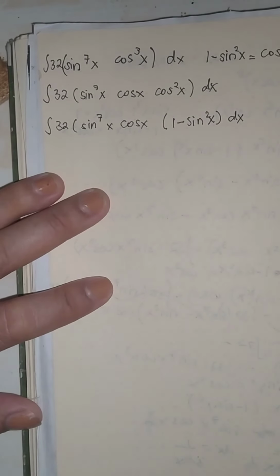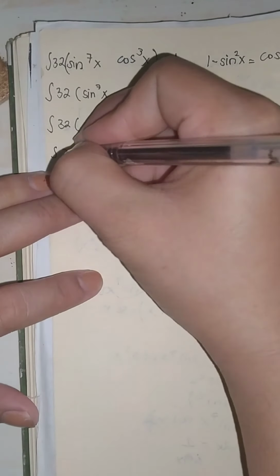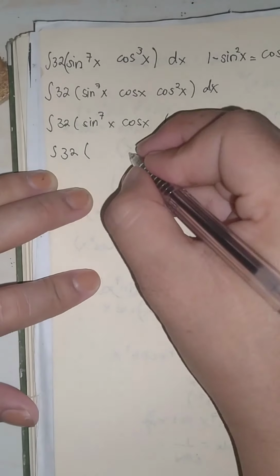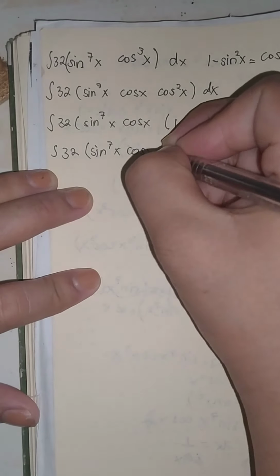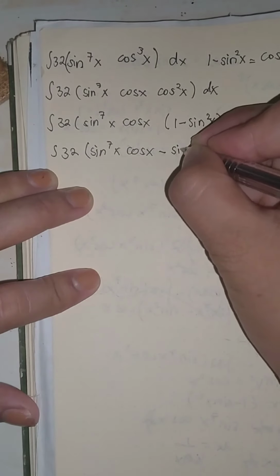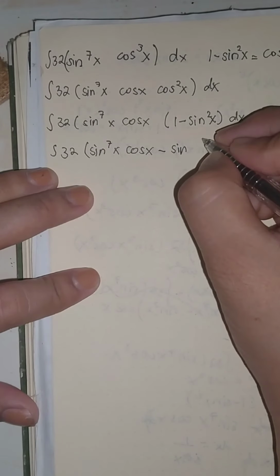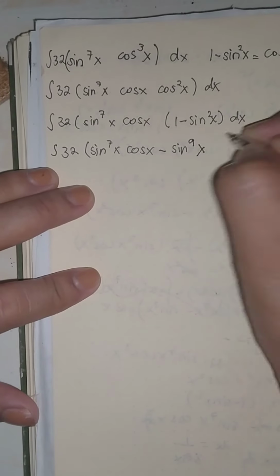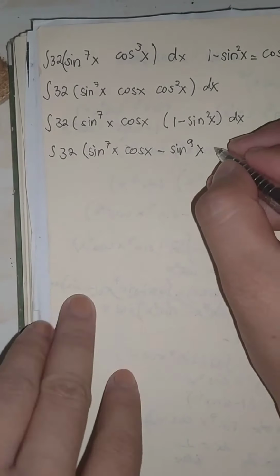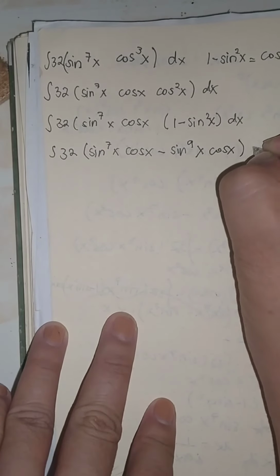And then distribute. We have sine 7 x cosine x minus sine 9 x cosine x dx, right?